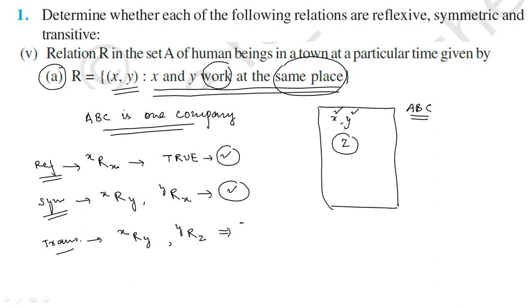Implies that X is in relation to Z because both lie in the same company, X and Z. It means again the answer is true. It means all the three conditions are satisfied. First one is reflexive, second one is symmetric, and third one is transitive in this problem. All the three conditions are satisfied.